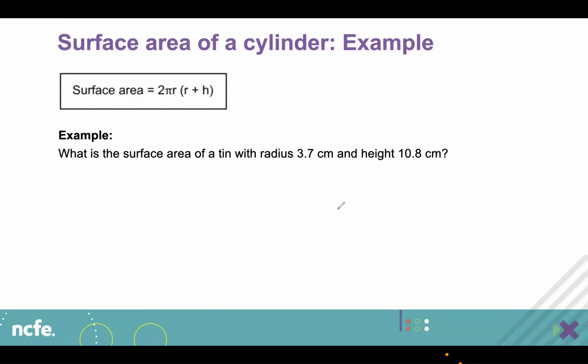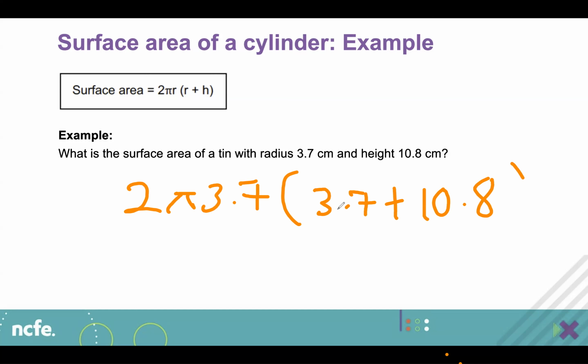So this would be equal to 2 pi times the sum of 3.7 and 10.8, which equals 2 pi times 7.4 and 13.5... which equals 7.4 times 3.141.